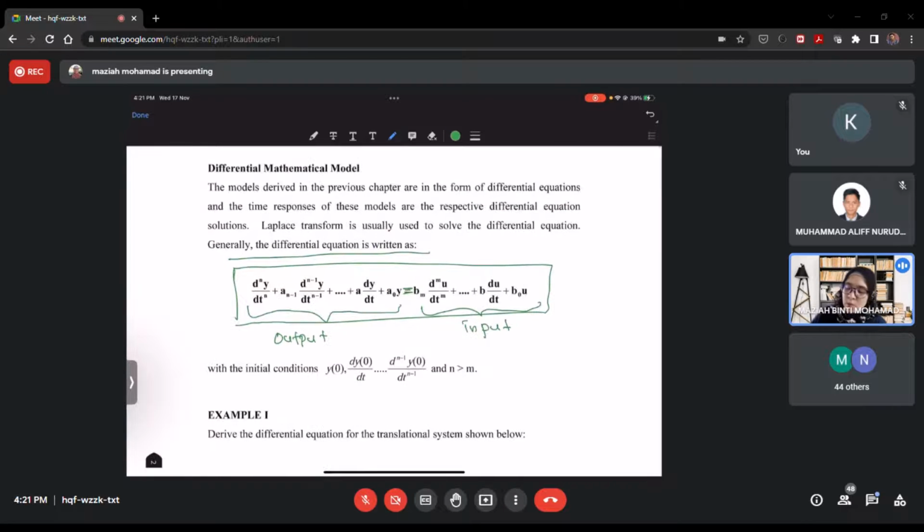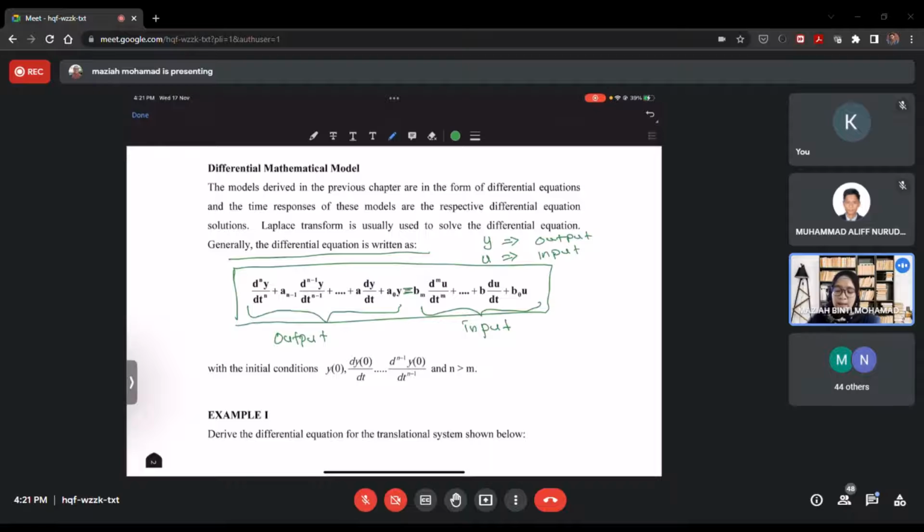So Y is the output and U is the input. Any part that contains an output term we separate into one side, and any function with an input term goes into the other. That is basically the general equation for ODE.